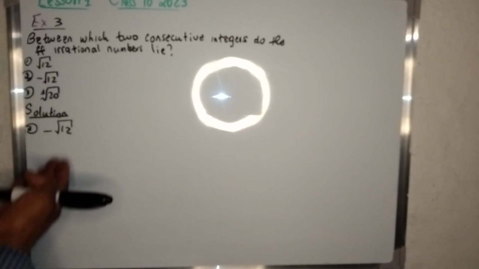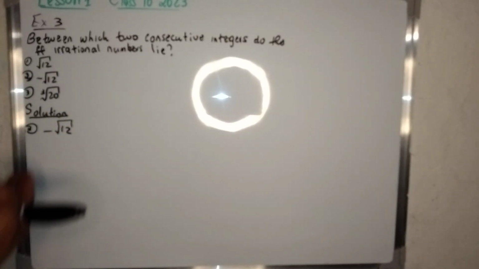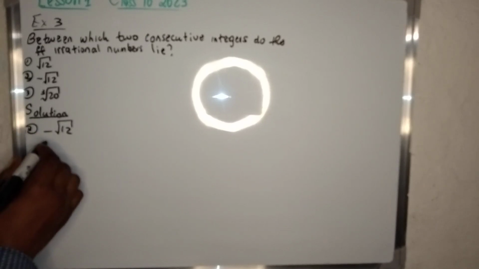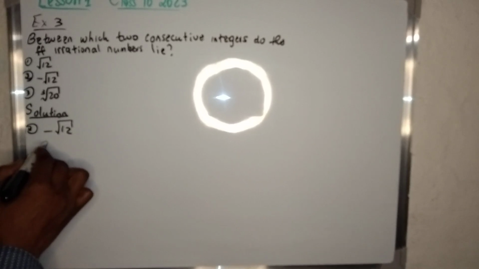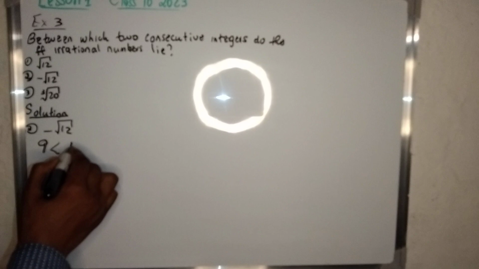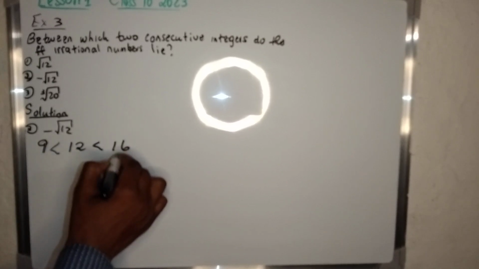So definitely this one is still going to give me 9 and 16. Okay, so now I want you to pay attention to this one while I'm doing it. It's going to be 9 is less than 12 less than 16.